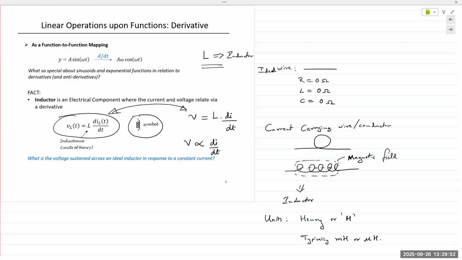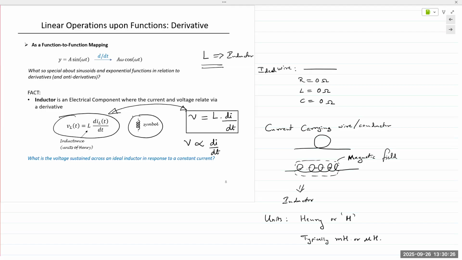The property of the magnetic field is to establish a voltage that is opposite of the polarity of the incoming current, and so it opposes any change in the input current. That is the property of an inductor. Mathematically, V is directly proportional to di over dt. The proportionality constant is L, the inductance. So the equation for the voltage is V equals L di over dt.